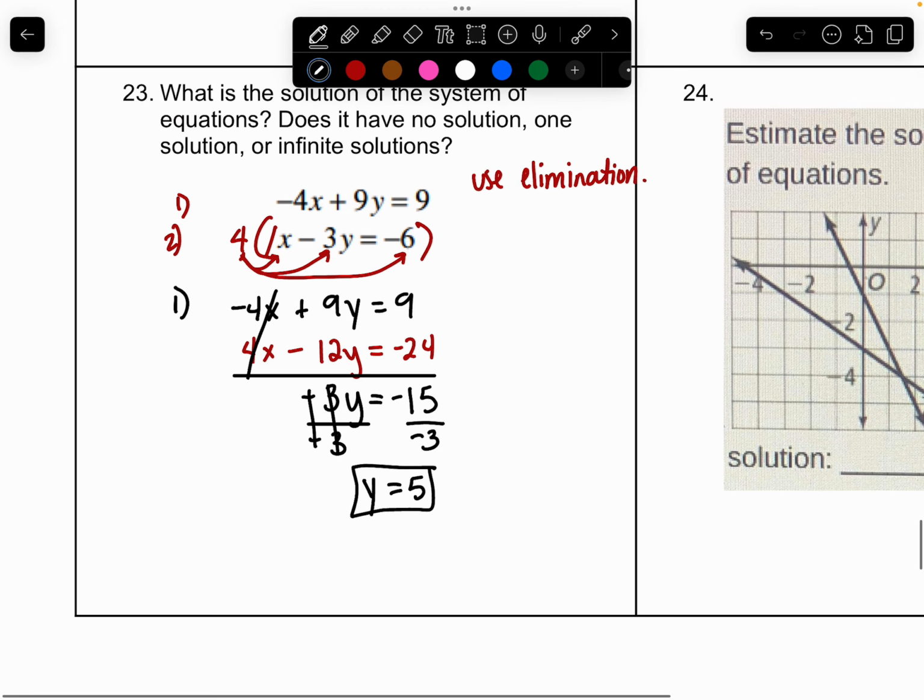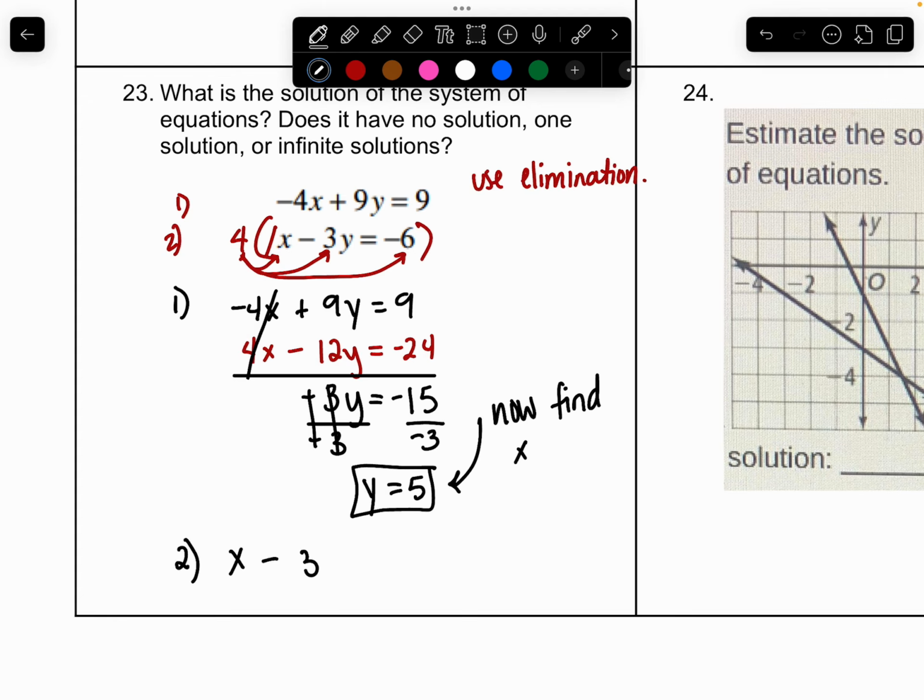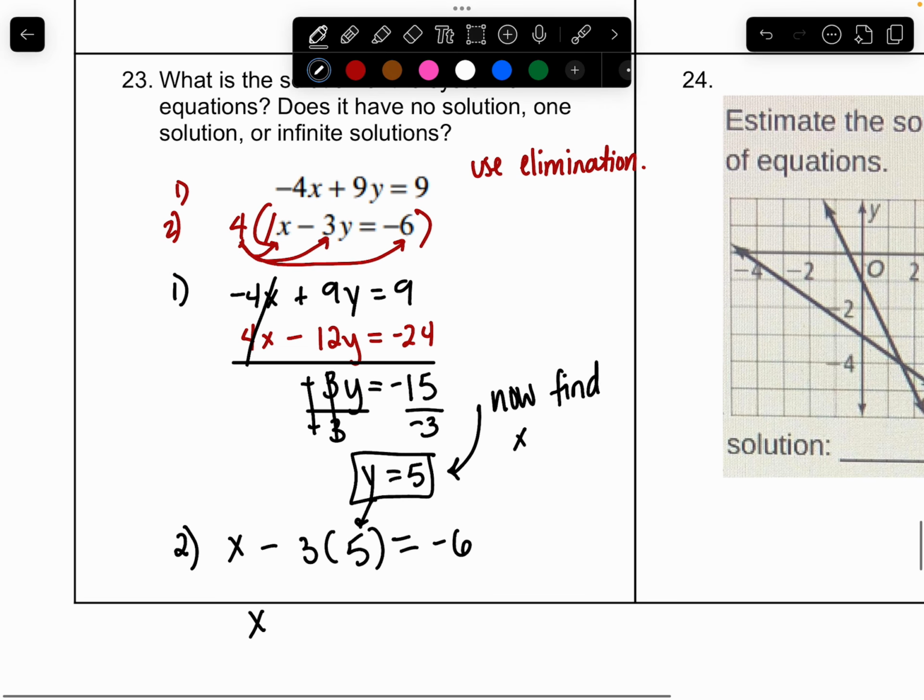Now we have to figure out the x value. Remember, systems of equations, a solution has to have the x and y value. So now we have to find x. So then we plug it in. Let's plug it into the first, actually let's plug it into the second equation. So then we get x minus 3, plug in y for 5 equals negative 6.